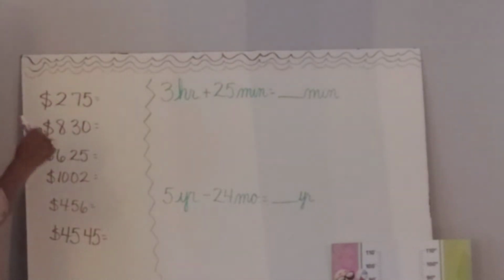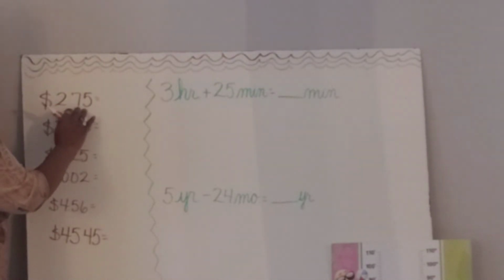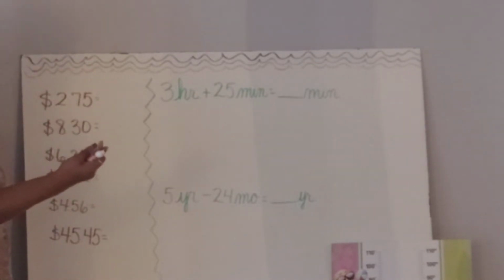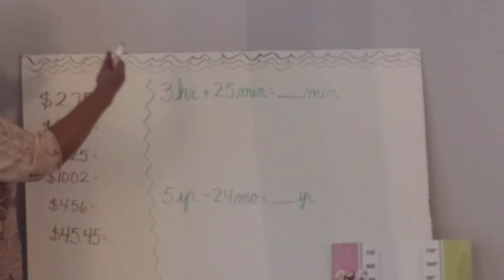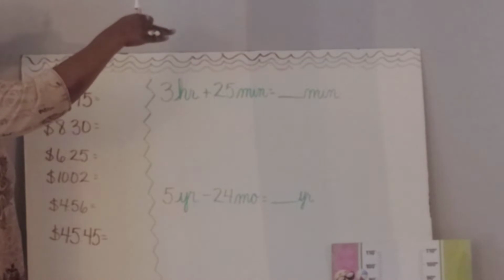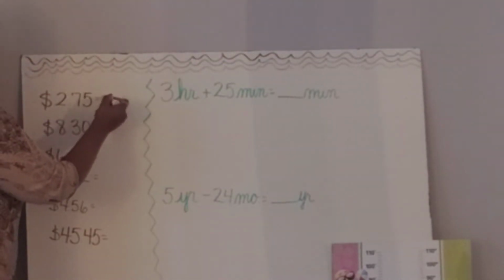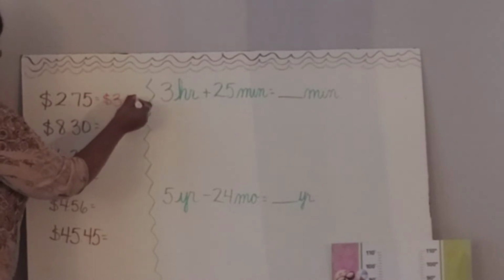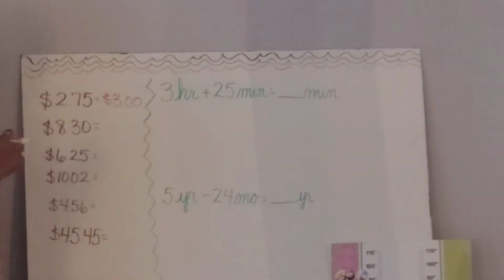If we see that the cents are over 50 cents, then we round up. So 75 is over 50, so that means we're going to round up to, excellent, I heard you, $3.